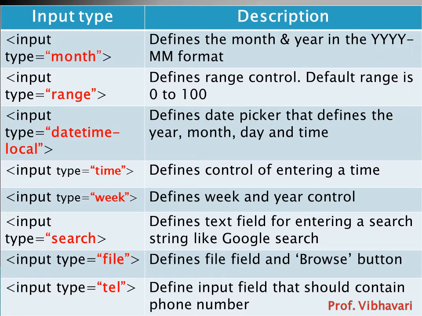When you try to attach the file, it shows the browse button, right, and you enter the destination of where your file is located. In the same manner, input type equal to file does the same function. Input type equal to tel defines an input field that should contain a phone number.